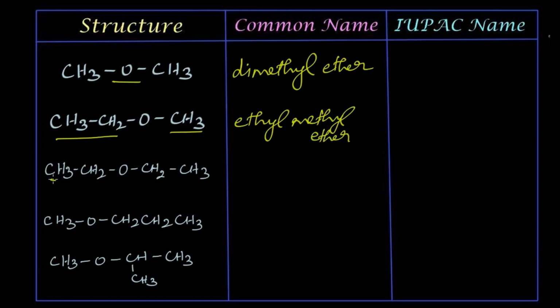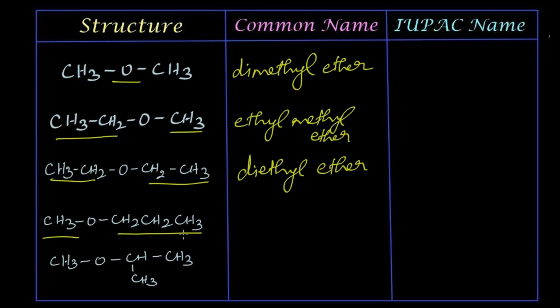And the third one, this is ethyl and this is one more ethyl. So two ethyl groups are attached on the two sides of the oxygen. This is ether, so diethyl ether is the common name for the third one. And here this is methyl and this is propyl. Propyl means 3 carbons, and the propyl group is in a straight chain. So methyl n-propyl ether is the common name.